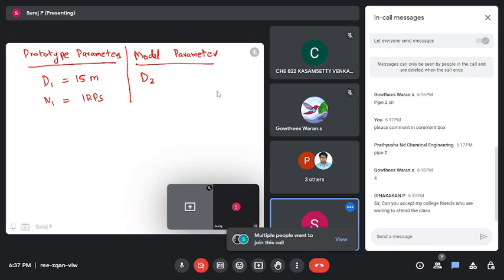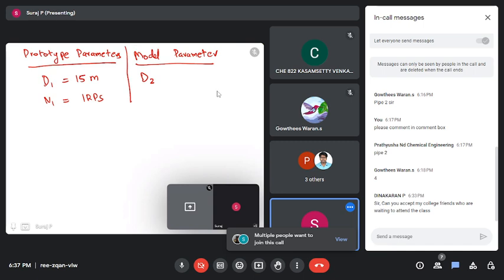We can also use the Froude number, which is equal to u square by gd. This is the Reynolds number and this is the Froude number. So which one should we use?